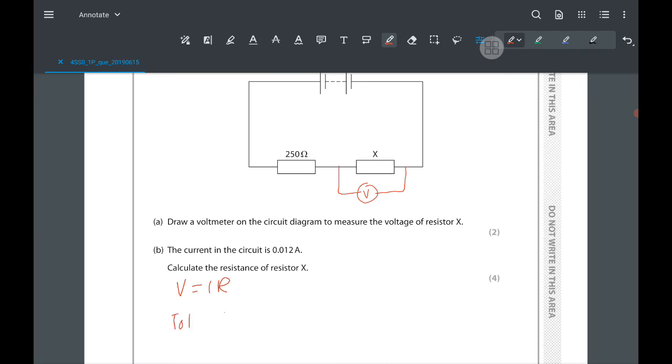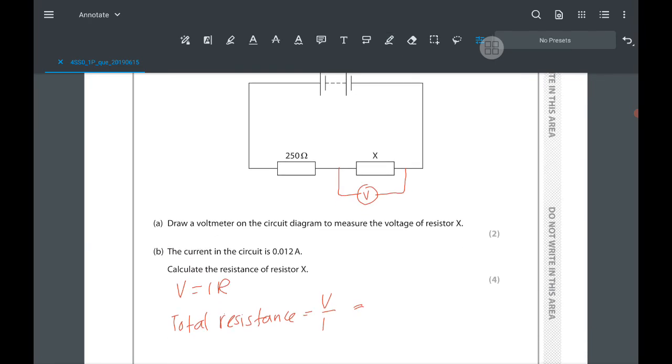So total resistance equals V over I. So V is 9 and the current is 0.012. Answer is 750 ohms.